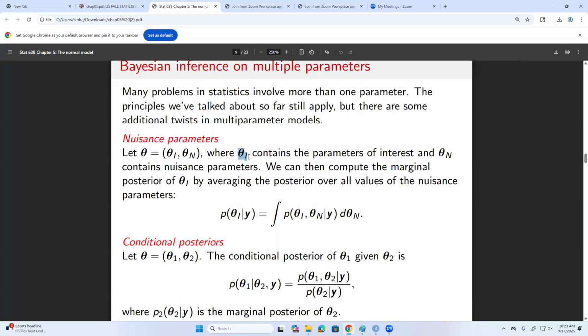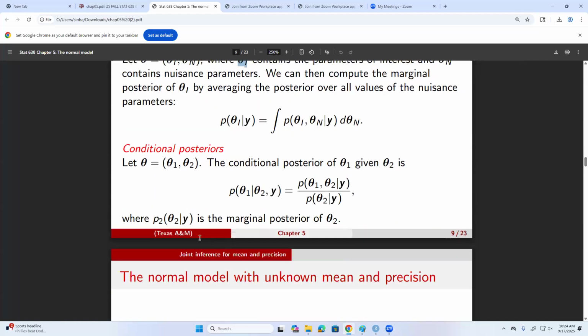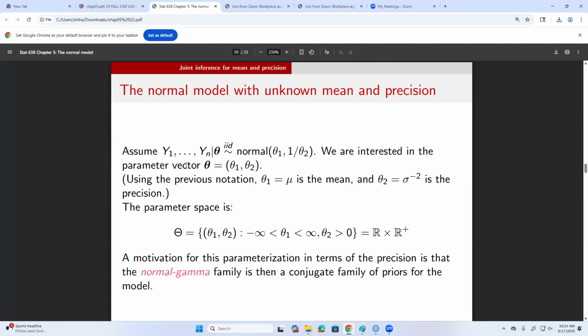We have to specify something, a strong or weak prior distribution, for all the components of the model. And then if we are interested only in theta I, we just look at the posterior distribution of theta I. And these concepts will be used in the following calculations.